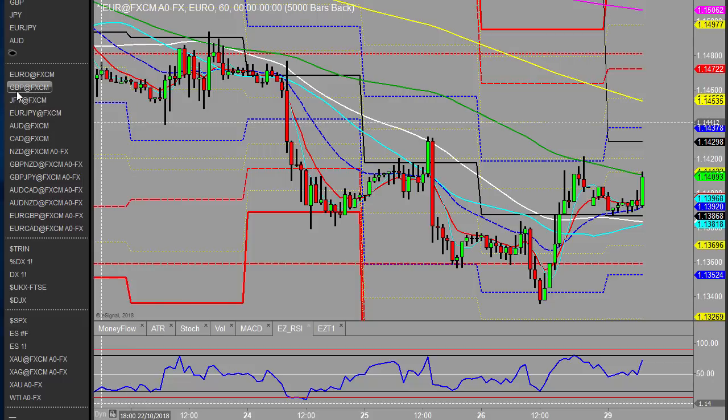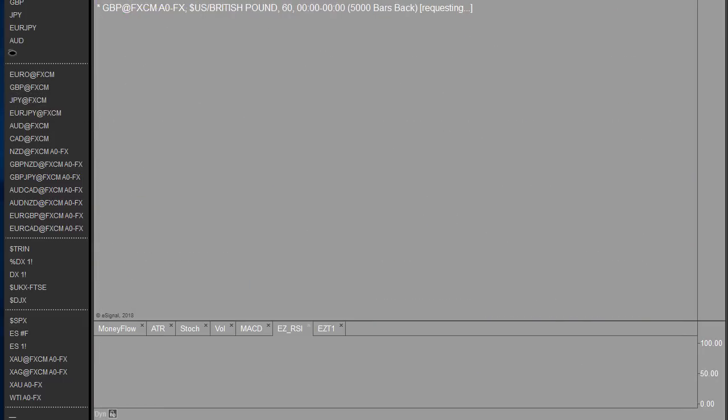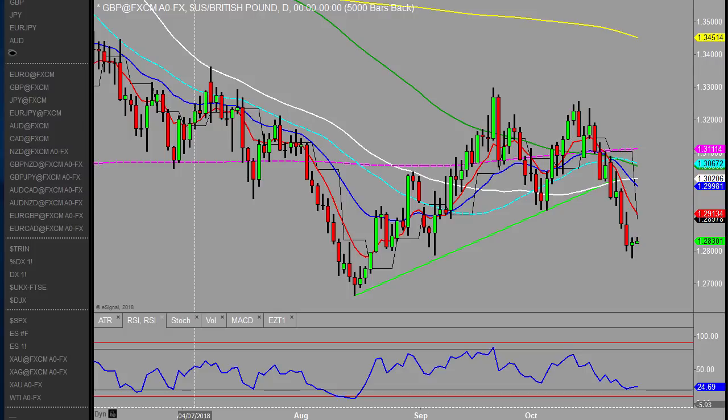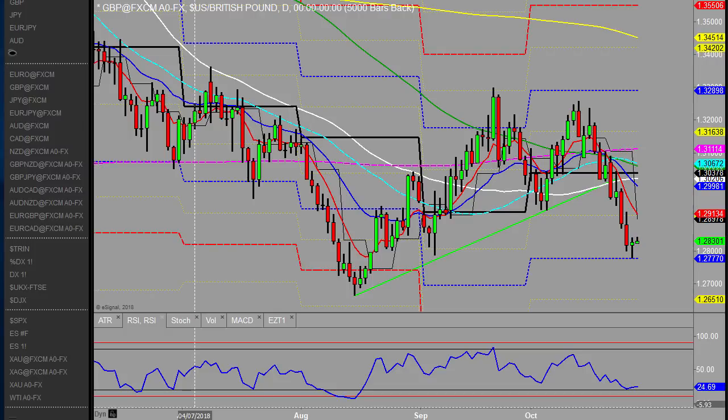Looking then at the pound dollar. We don't have a lot of data coming out today, I should say, before I crack on to this. We've got net lending to individuals this morning, and very low key data in real terms for the UK.